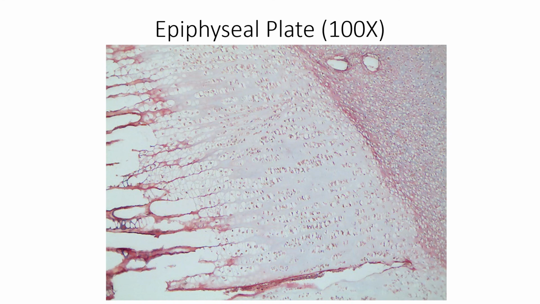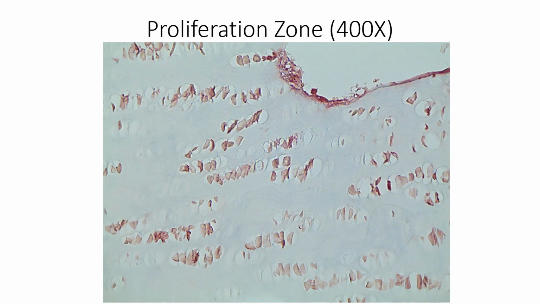This is also the same slide, but here we have 400x, and this is the proliferation zone, and you know it because you see these columns, right? And those are lacunae with a chondroblast inside. So that's the proliferation zone.